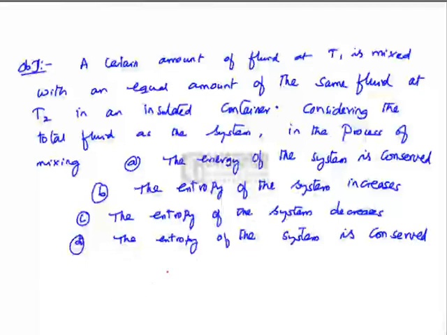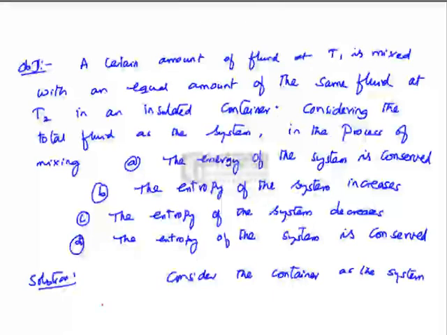In this problem, considering the container as the system, the solution is given as: consider the container as the system, which is obviously a closed system.